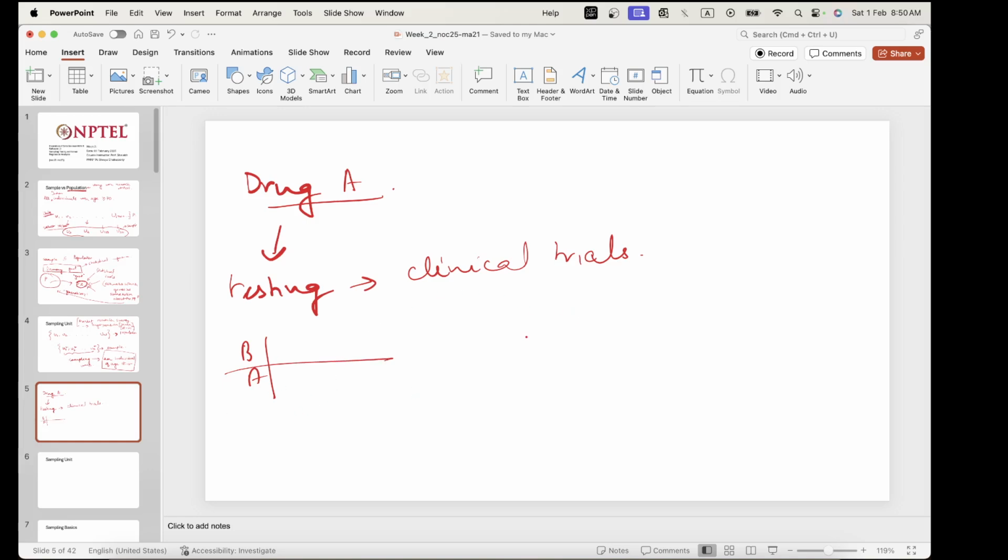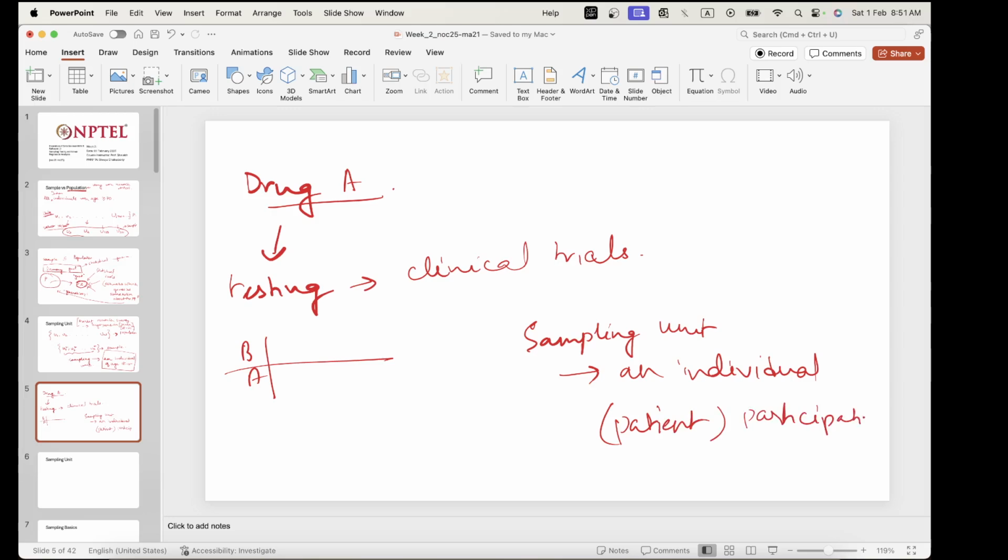So in this case, again, my sampling unit would be an individual or a patient who is participating in the trial, because I am collecting information on those participants who are participating.